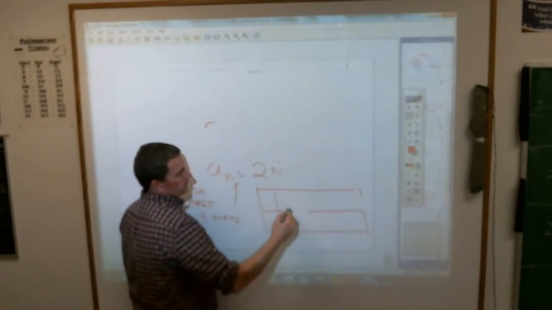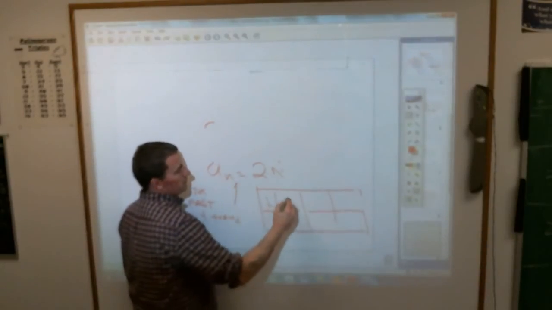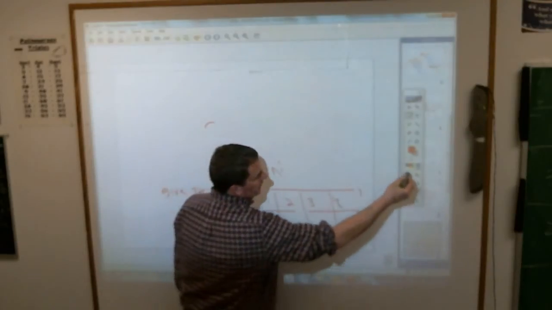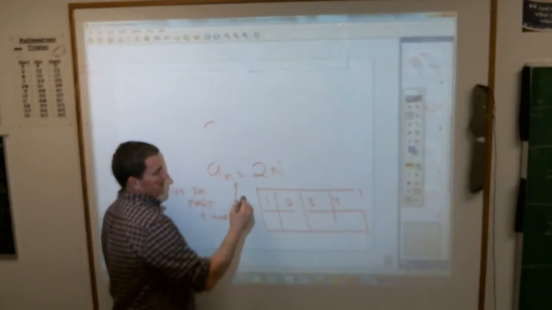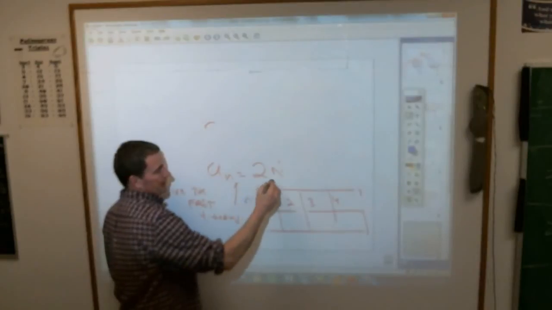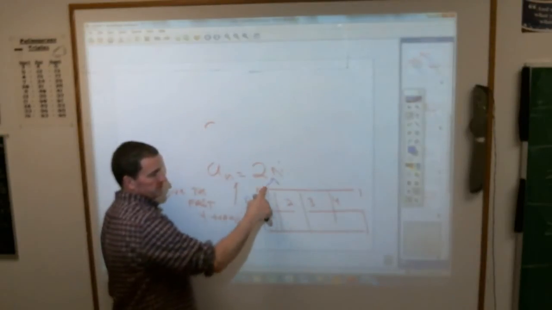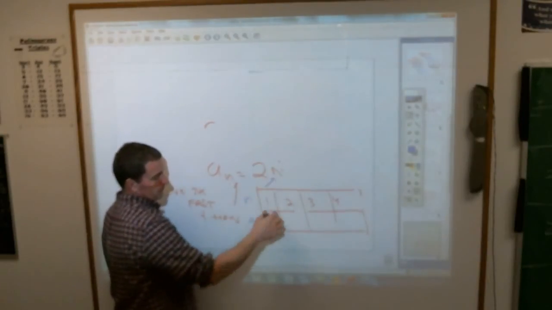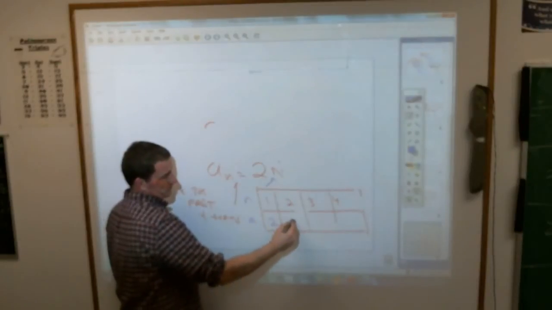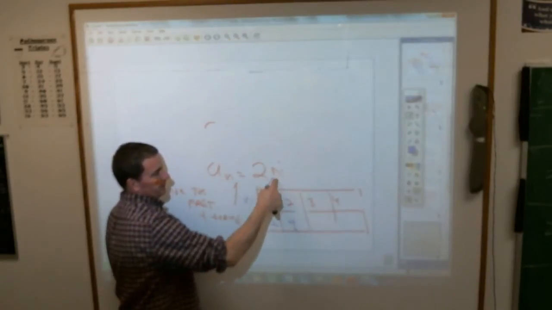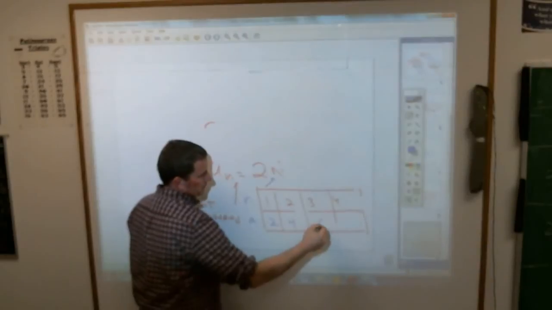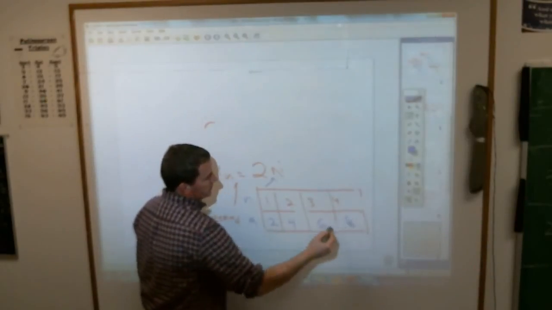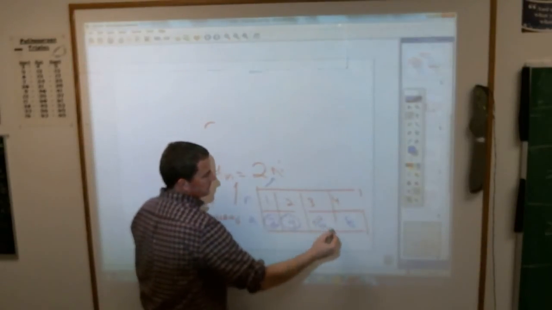You're asked to give the first 4 terms, so you write 1, 2, 3, 4, and then you just take this letter n and put it in for that letter n there. What is 2 times 1? 2. What is 2 times 2? Because you just substitute this in for n every time. 2 times 3, and 2 times 4 is 8. So the first 4 terms would be these.